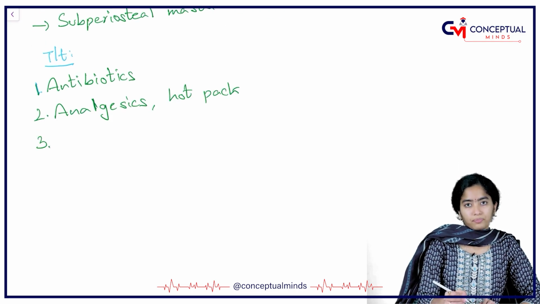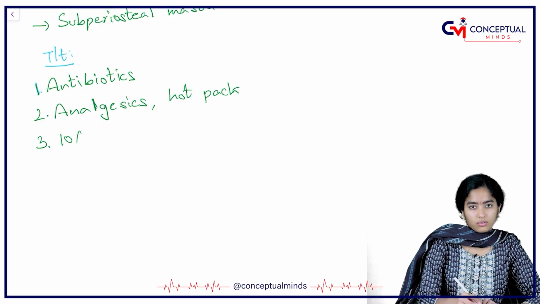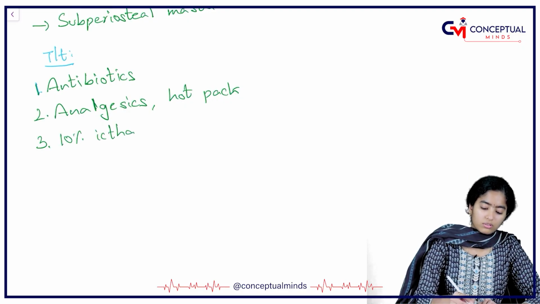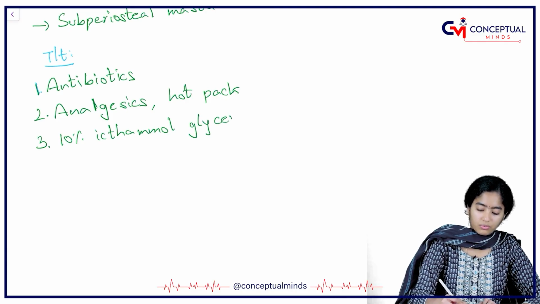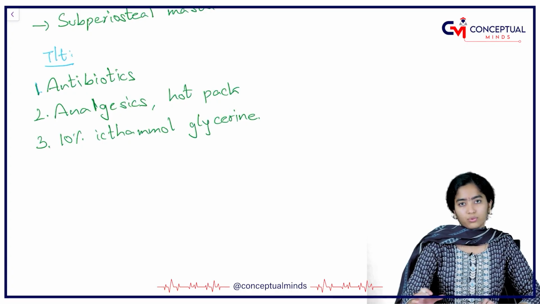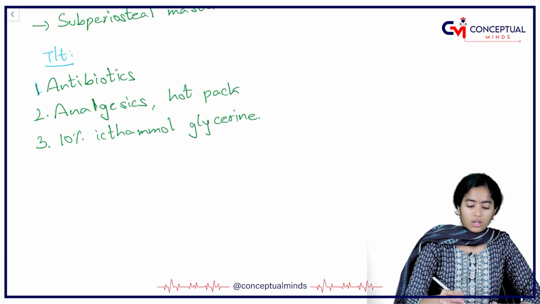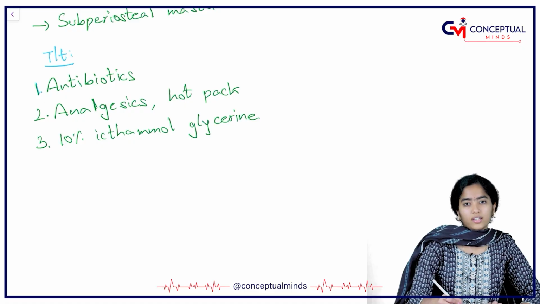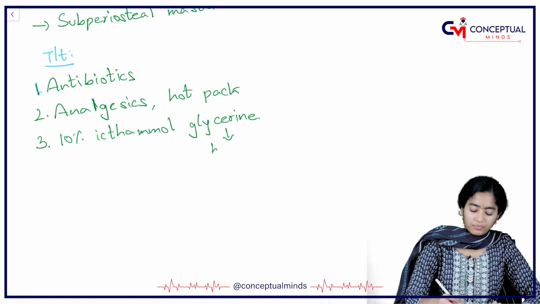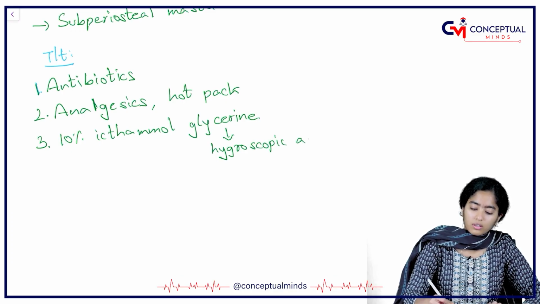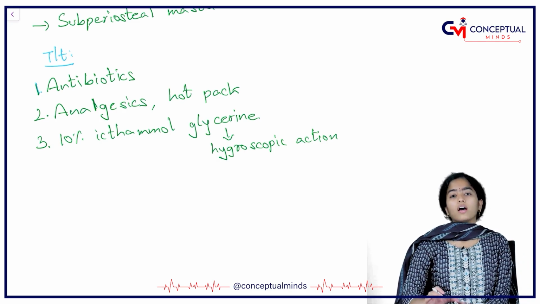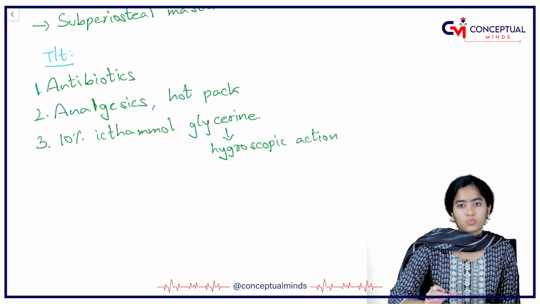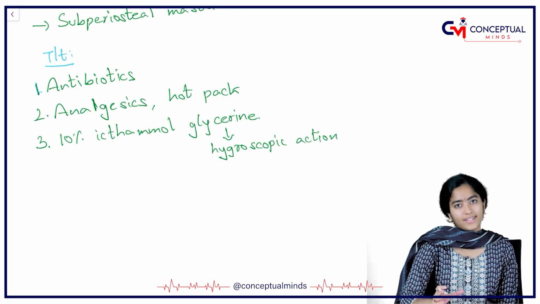Apart from this, a 10% ichthymol glycerine solution should be used. Why do we need to use this? Glycerine has hygroscopic action, that is, it absorbs water, and this will reduce the edema, reduce the swelling, and ichthymol has mild antiseptic action.